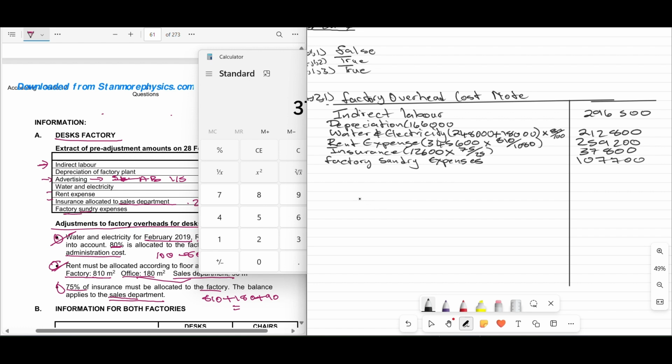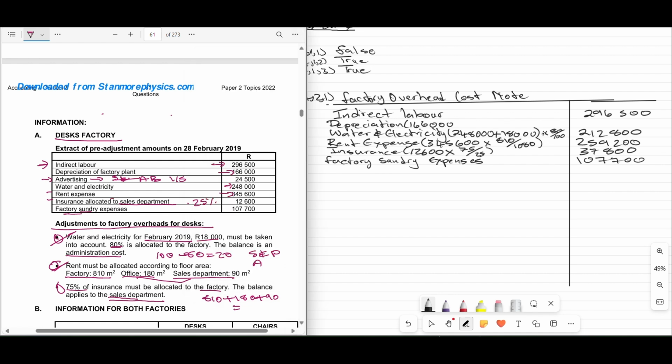So now we need depreciation. We don't have an adjustment, it is given: 166,000. So we need to get the total for our factory.